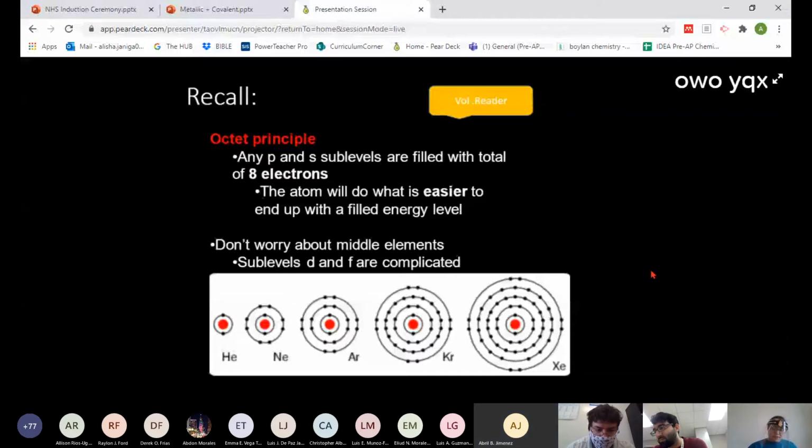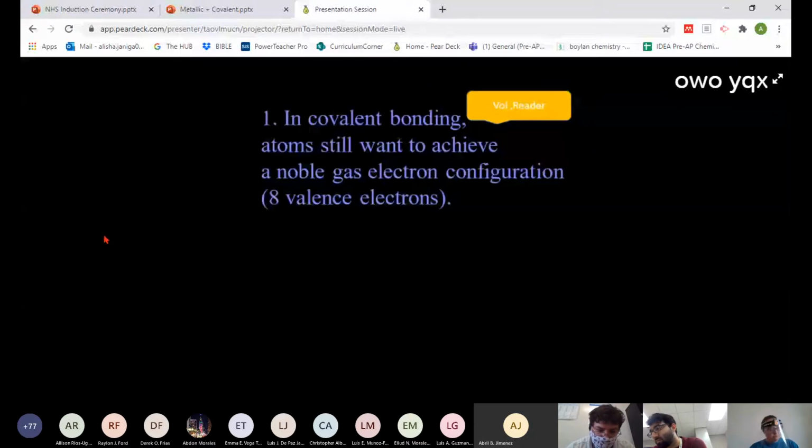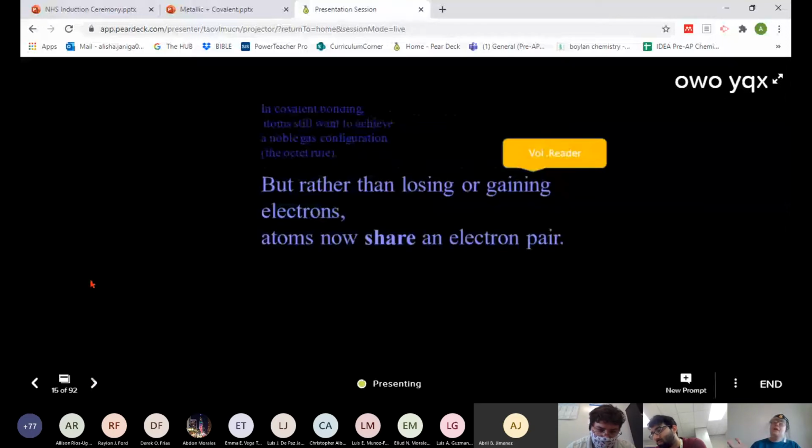Welcome. All right, so in covalent bonding, our atoms want to get a noble gas configuration, so 8 valence electrons. You know that, we've talked about that. But because they're so electronegative, they're not willing to give up an electron, so they're going to share an electron pair.